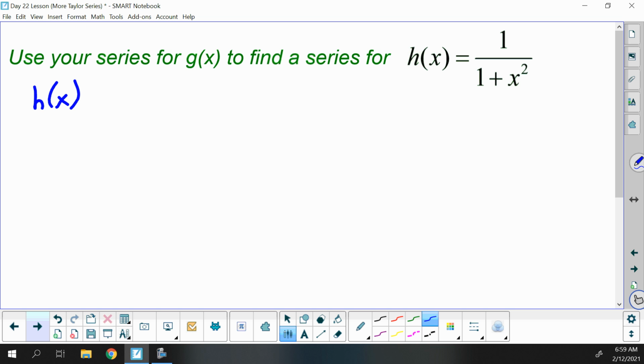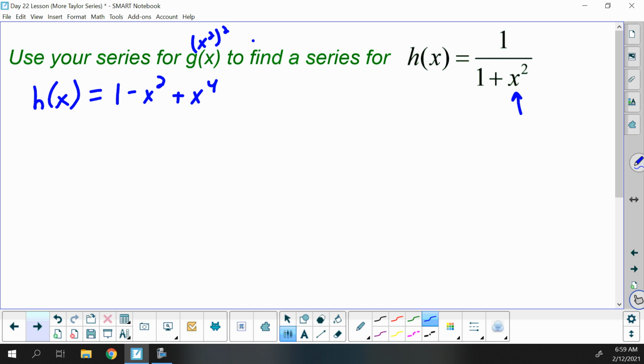So we can take our g of x and replace all the x's with x squared. So if we write out our terms, we had 1 to start. In g of x, we had minus x. So now replace the x with x squared, you get minus x squared. Then we had plus x squared. Well, if you replace that with x squared, x squared squared will become x to the 4th.